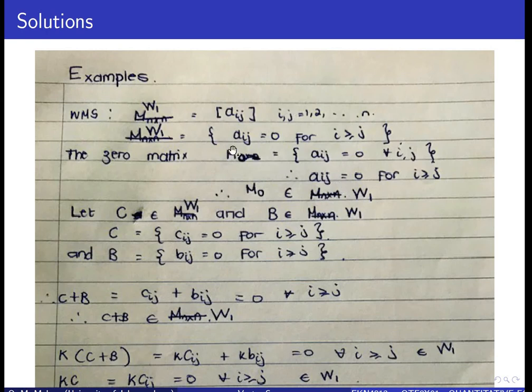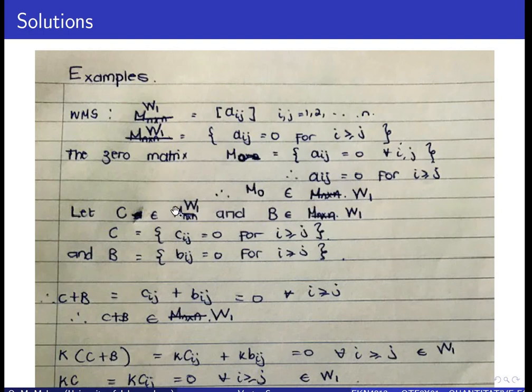So the 0 matrix does satisfy the property of an upper triangular matrix because everything below the diagonal of a 0 matrix is 0 as well. So we conclude that this M naught, or the 0 matrix, is in W1, right?